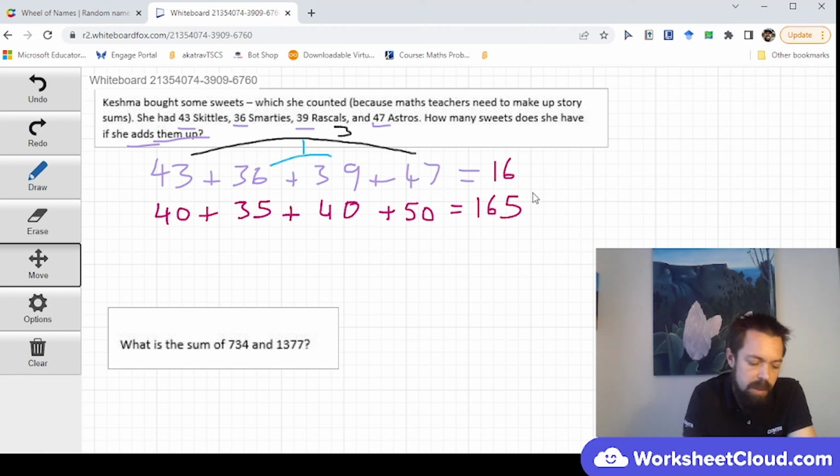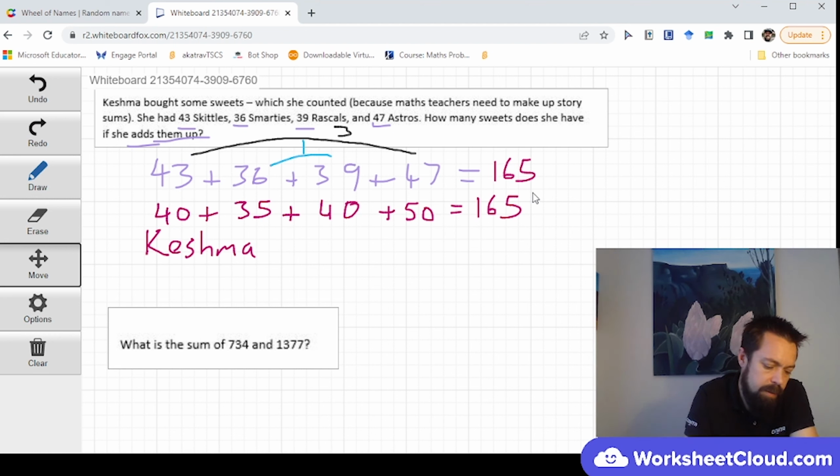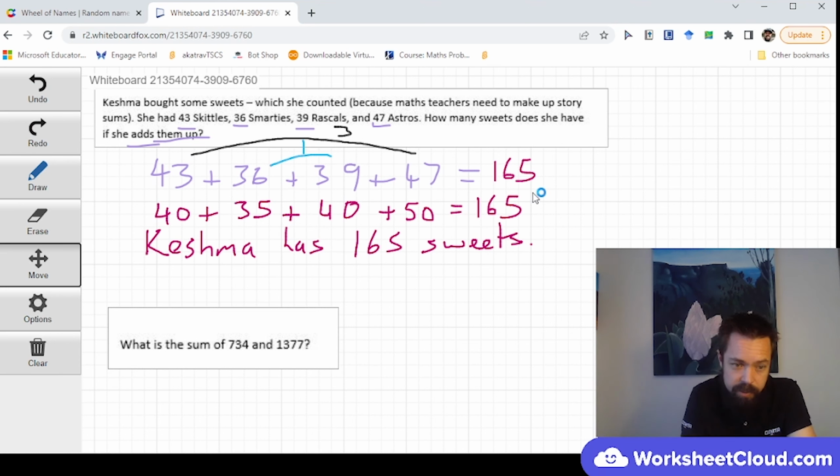So Keshma has 165 sweets. That is a problem. I wouldn't like to have her in my class after lunch.